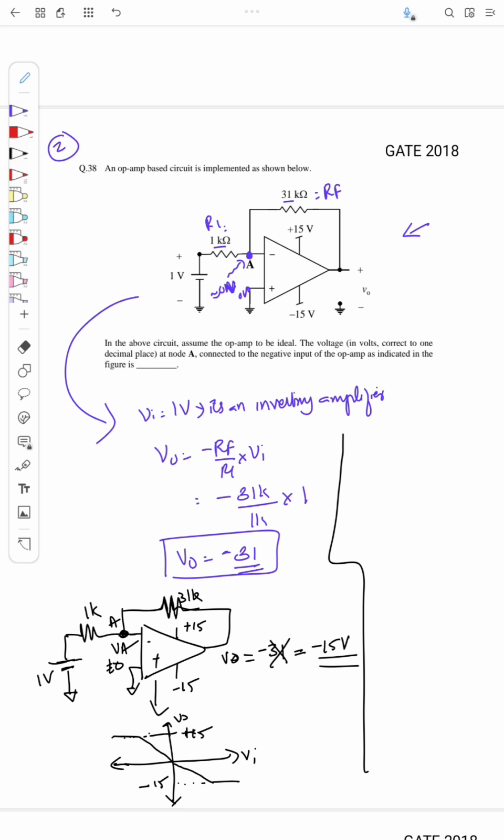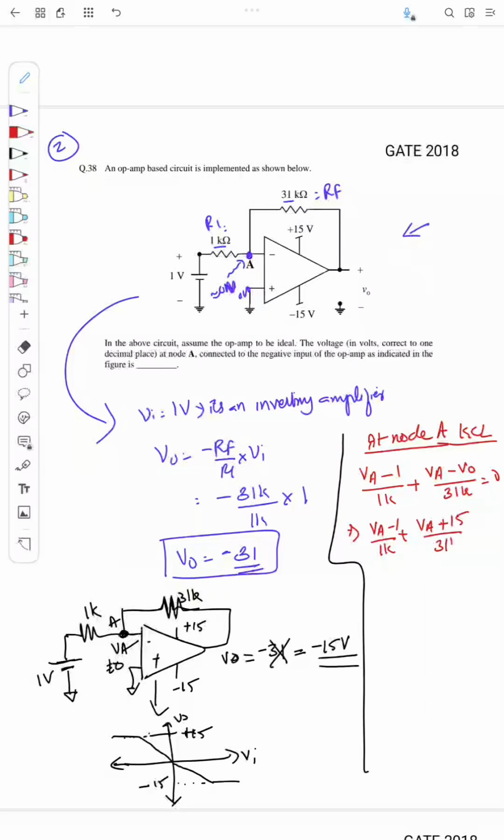So we will apply the KCL. This is Va at node A. At node A, we will apply KCL. So (Va minus 1) by 1k plus (Va minus V naught) by 31k is equal to 0. Okay, so I will substitute V naught as minus 15, so minus becomes plus 15 by 31k equal to 0.